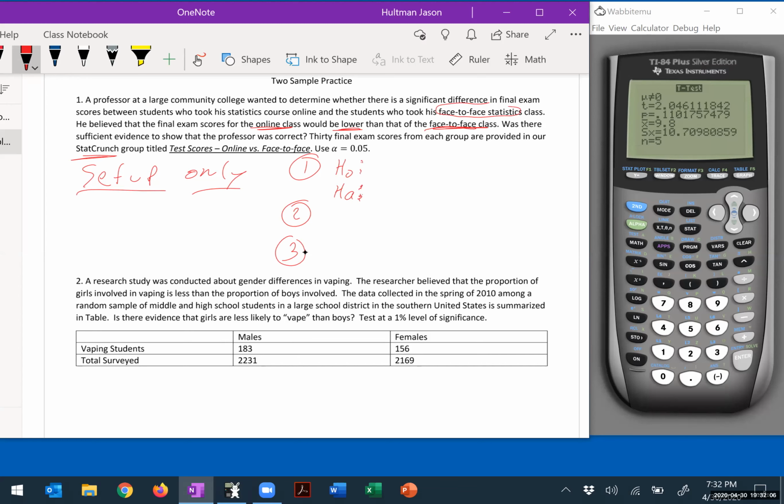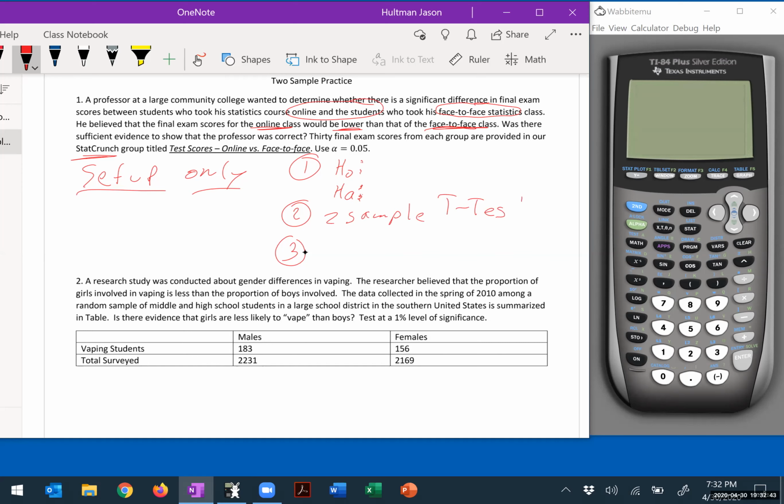No, it's not paired data because not any one student is in both classes. They're different students in different classes. One just happens to be online and one just happens to be face-to-face, there's no overlap. There's no crossover between individuals here. So this is just a regular two sample t-test.